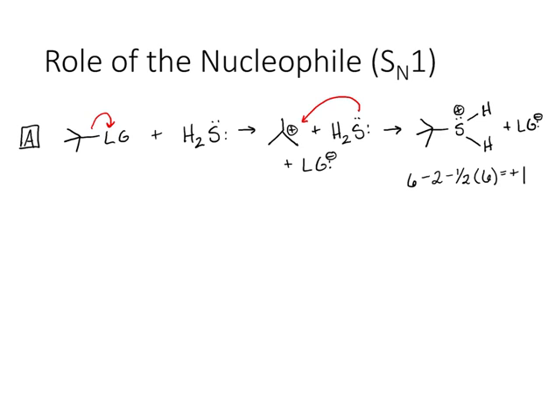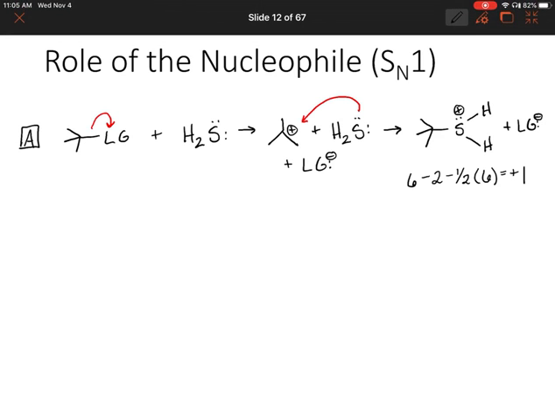And typically, if an atom can be neutral, it will be neutral. And conveniently, we have a negatively charged leaving group. So that leaving group can actually grab on to one of the protons on sulfur. So let's show that. And then electrons will be left behind on sulfur.